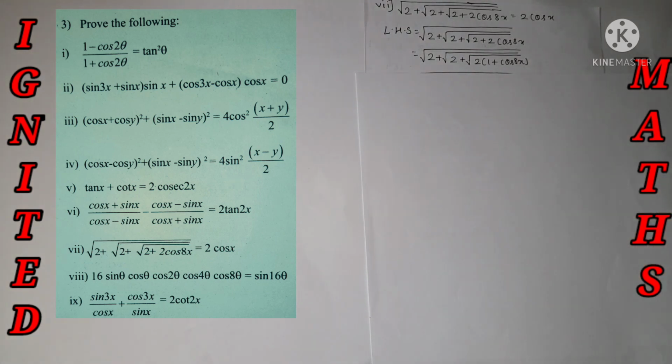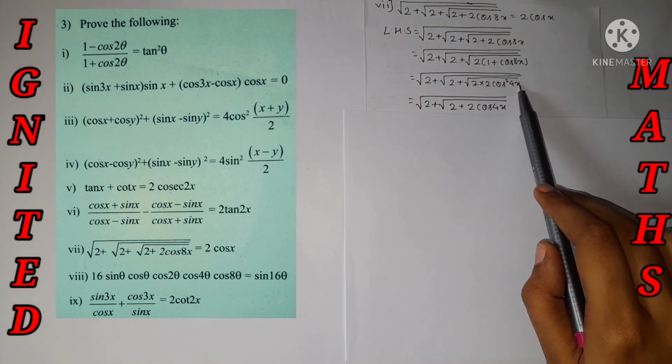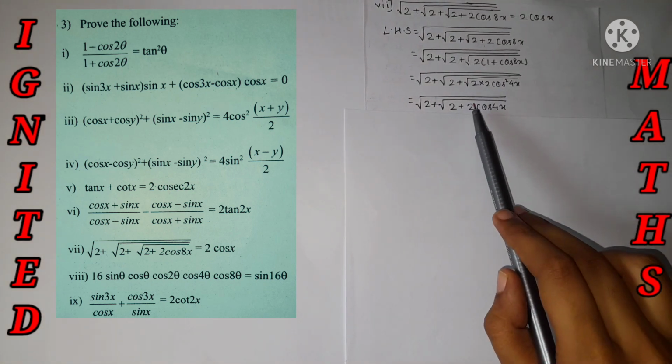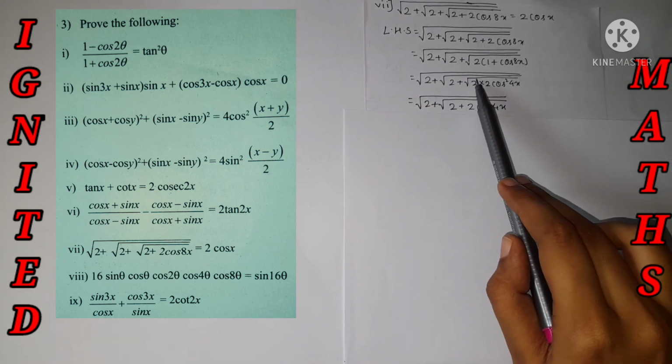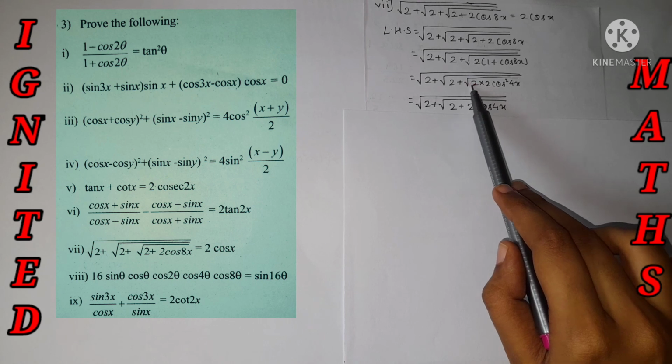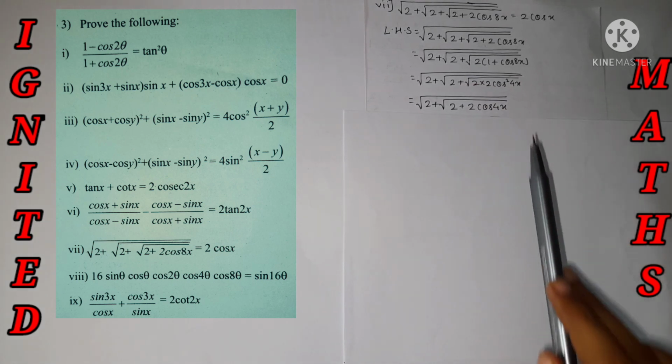1 plus cos 8x is nothing but 2 cos²4x, and 2 into 2 is 4. Just remove the square root of it. It's 2 plus, accordingly, and taking the square root, root 4 is 2, and root cos²4x is cos 4x.